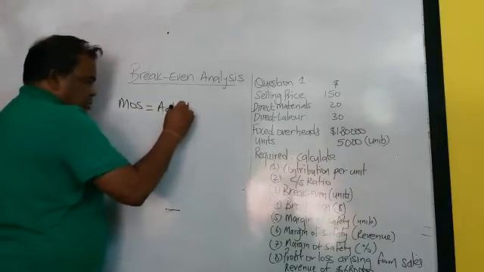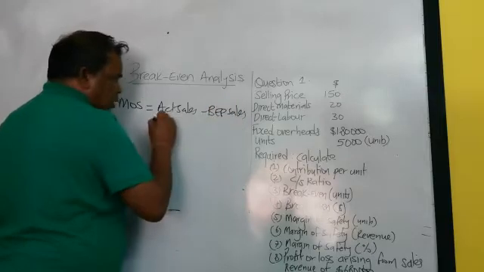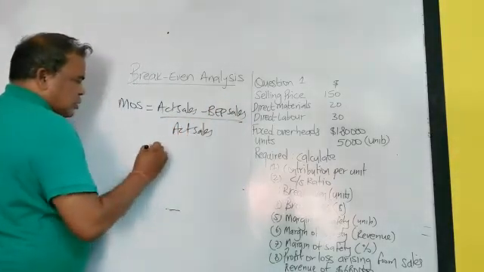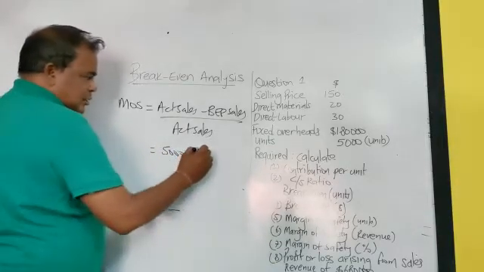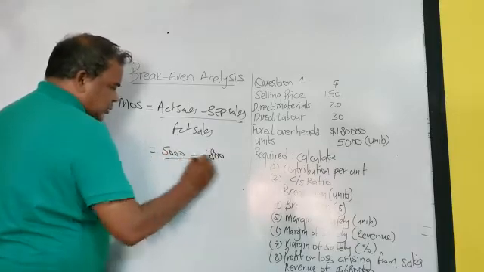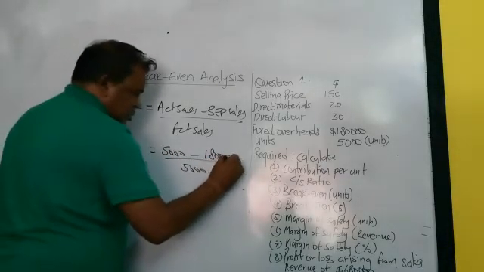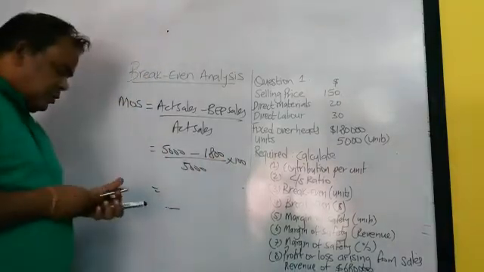Actual sales less break-even sales over actual sales. Now we place actual sales 5000, minus break-even sales 1800, divided by actual sales 5000. So that gives us 3200 over 5000.